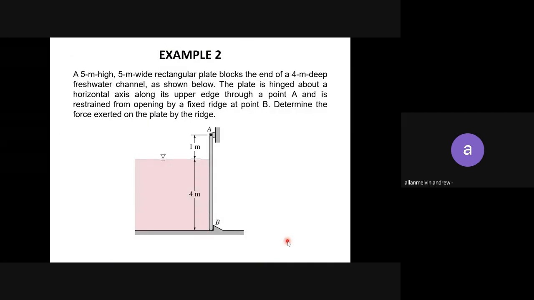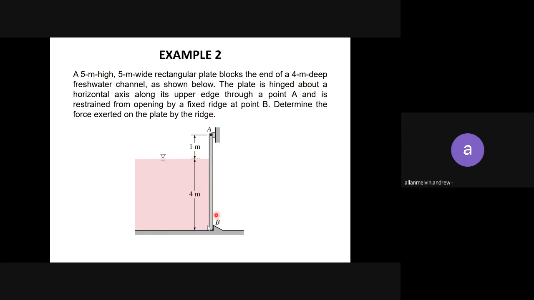Okay, so in this case, it looks like a similar situation. But we read first: a 5 meter high, 5 meter wide rectangular plate. So meaning this plate is 5 times 5 meters, a rectangular plate, blocks the end of a 4-meter deep freshwater channel.